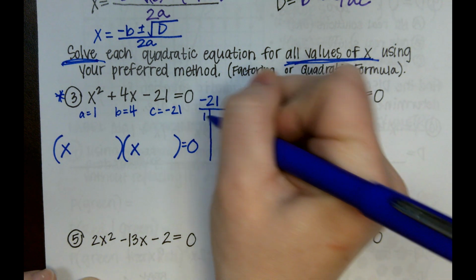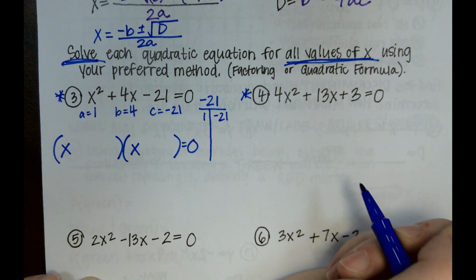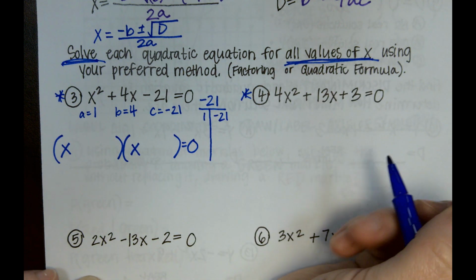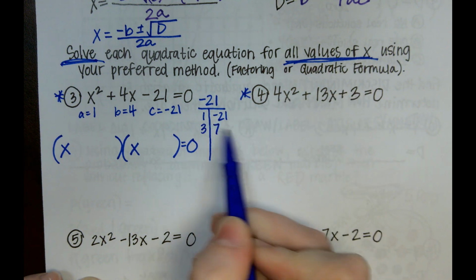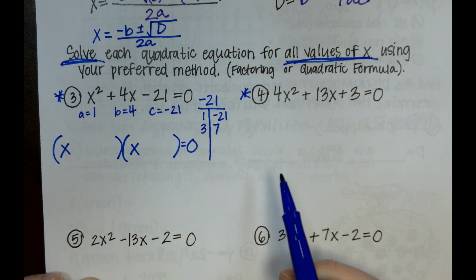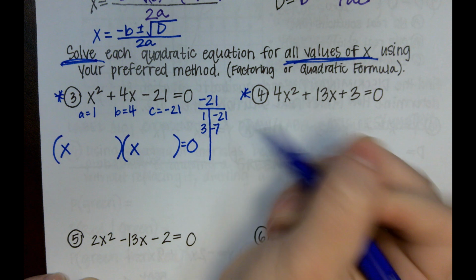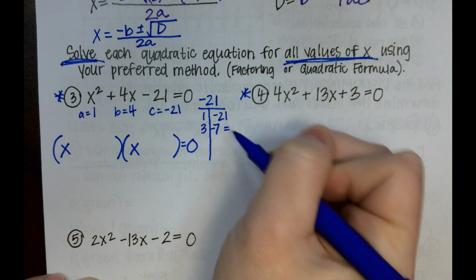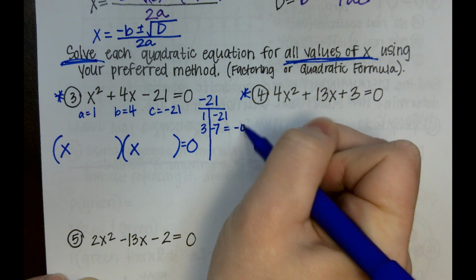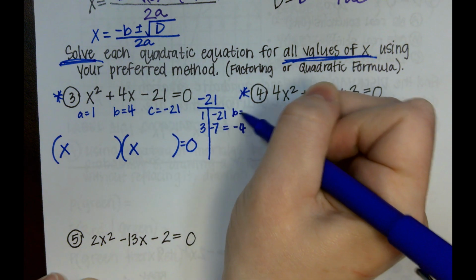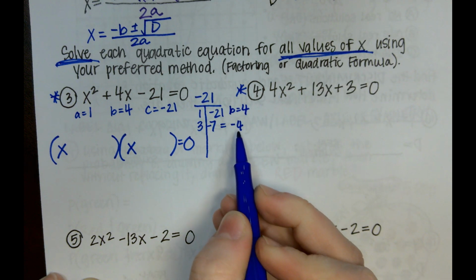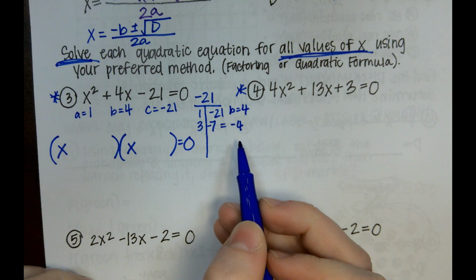You could do 1 and negative 21, or 3 and 7, but which one would be negative? We could do 3 minus 7, but what's that give us? Negative 4. We're really close. Our B is positive 4, and we got negative 4.